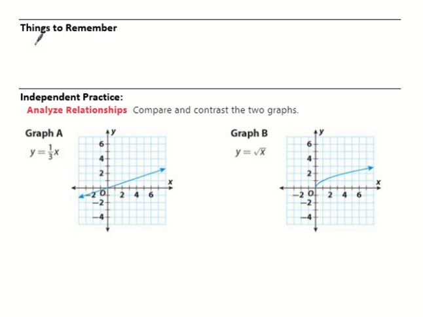All right, so things to remember. Proportional are going to be equal ratios, and a straight line through the origin.